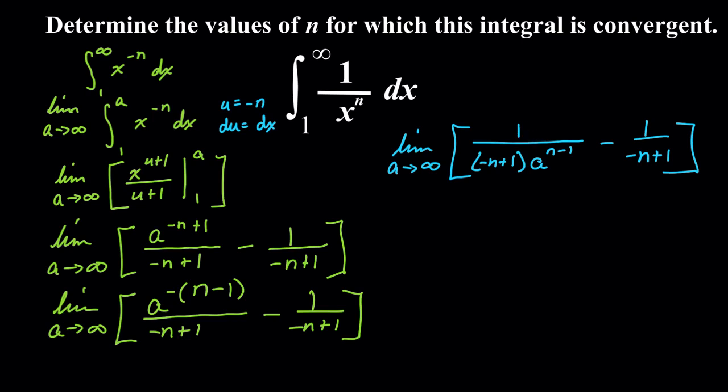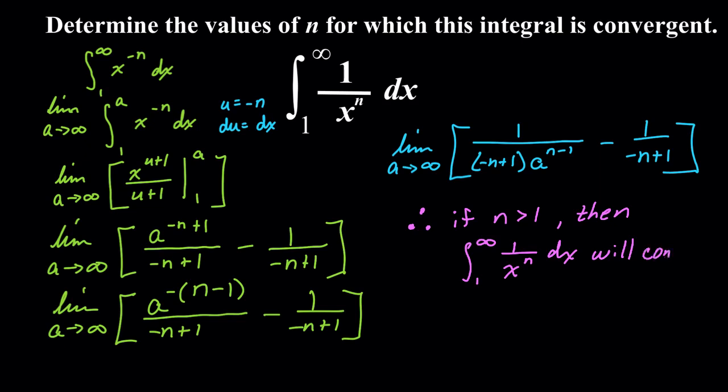So we can come up to a conclusion then. Therefore, if n is greater than 1, then the integral from 1 to infinity of 1 over x raised to the n will converge to a single value, and that value will be this over here.